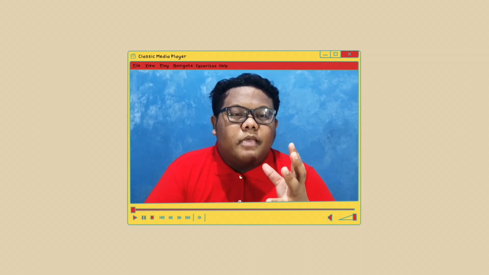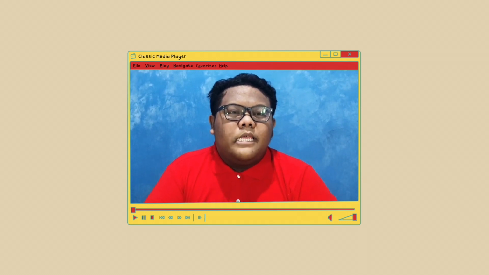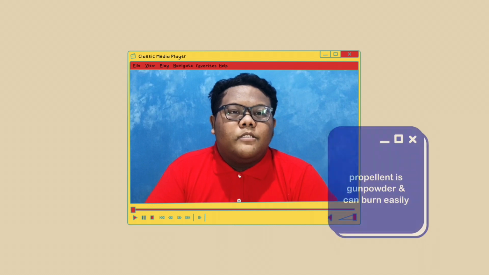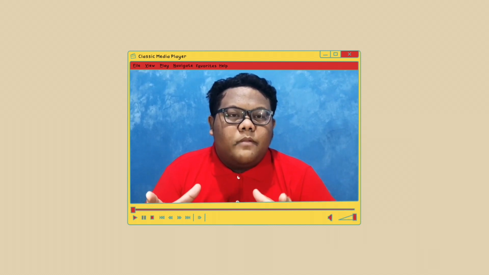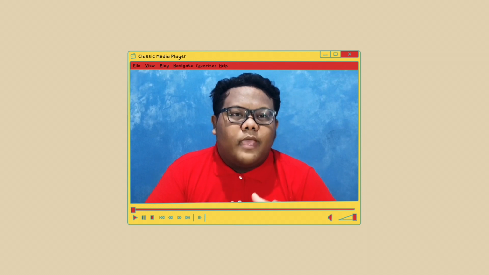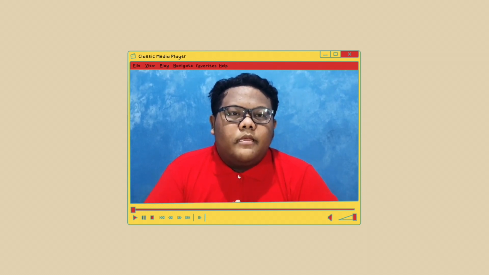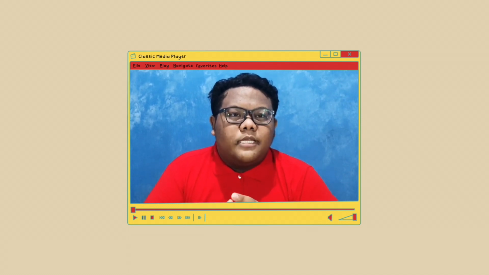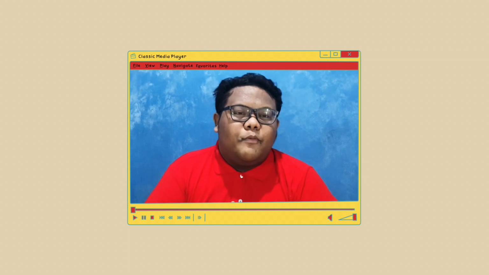The small explosive in the primer ignites the propellant, because as you know, propellant is gunpowder and it burns easily. When the propellant's chemicals burn, they generate lots of gas very quickly, and the pressure inside the ammunition goes from low to high very fast. That is the reason the bullet separates from the ammunition and travels very fast, and it can kill people.